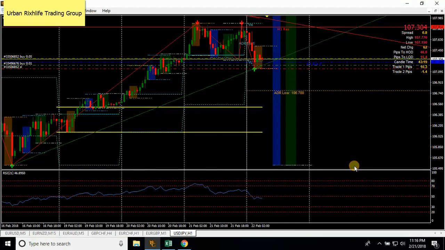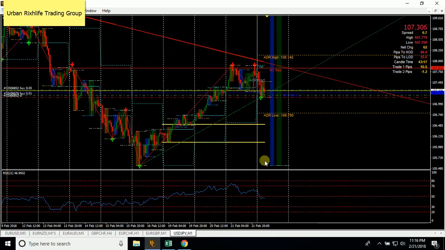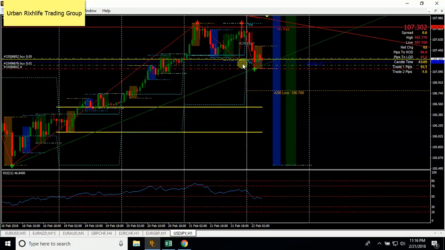Now we go to the hour chart. We'll see it's another series of highs and lows. Here we have our support, our resistance. What I said before is that the 4-hour candle did close above support. That 4-hour support is the same as this hour support, in the same area.